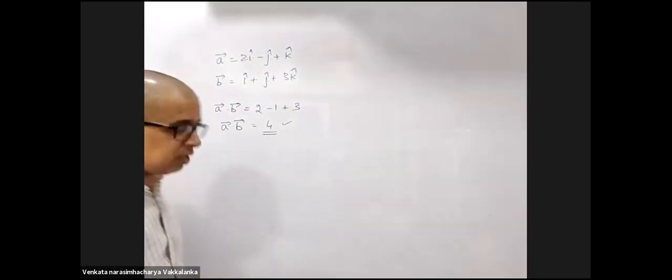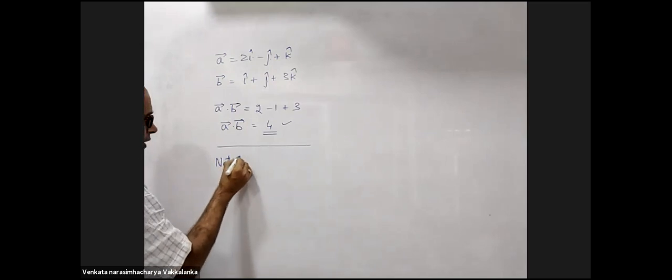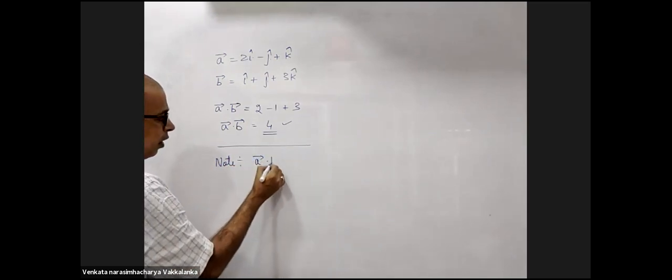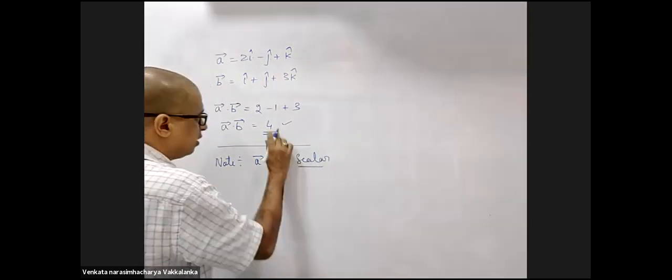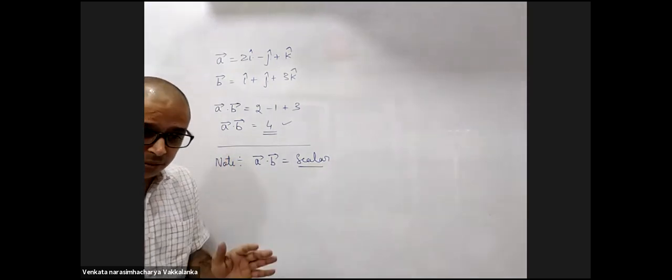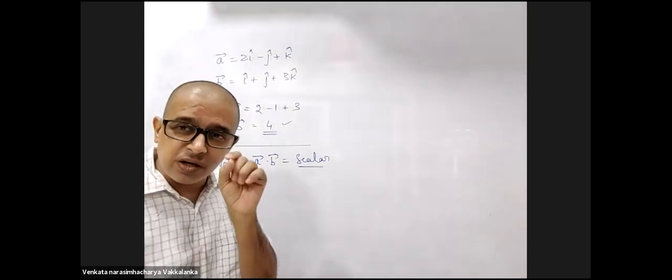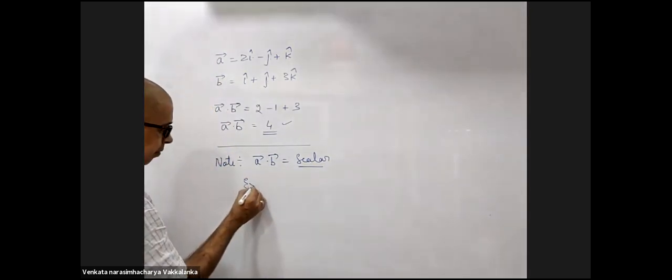One more very important note is that the dot product of two vectors is a scalar. In the end, you are not getting I, J, K, you are getting a magnitude. So the dot product of two vectors will be a scalar. Can you give an example?